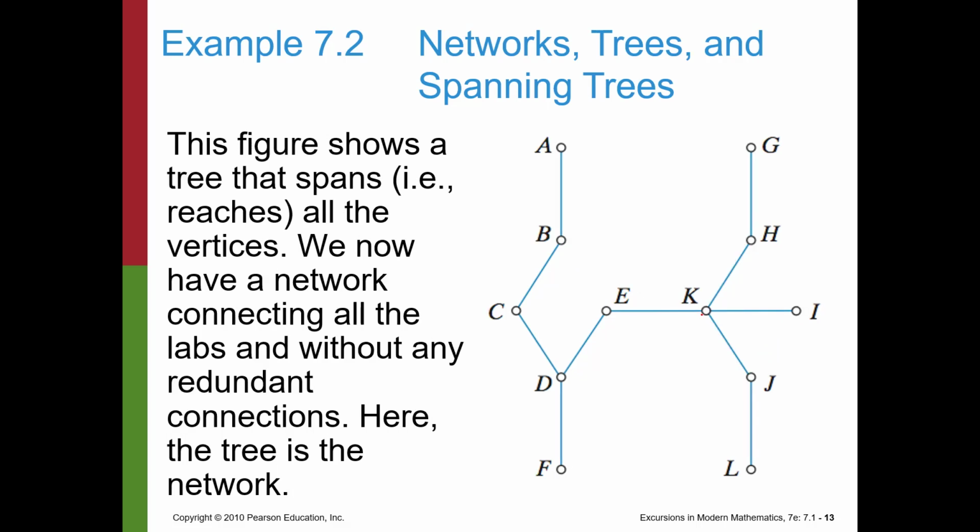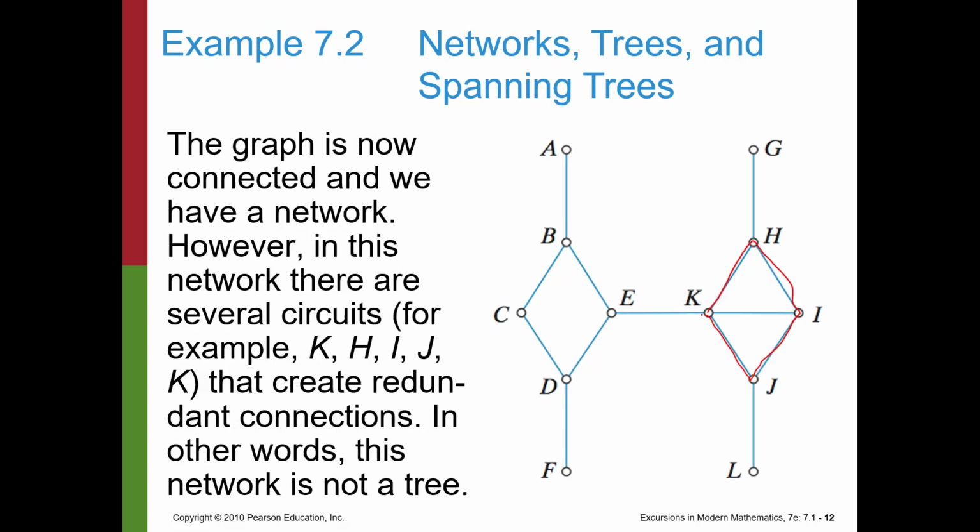This figure shows a tree that spans, i.e. reaches all the vertices. We now have a network connecting all the labs and without any redundant connections. Here the tree is the network, right?